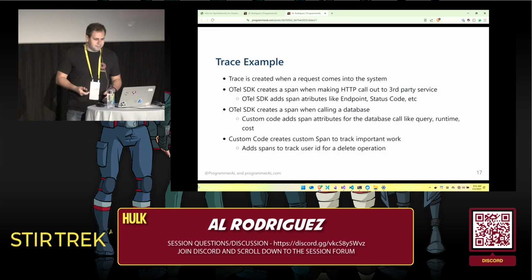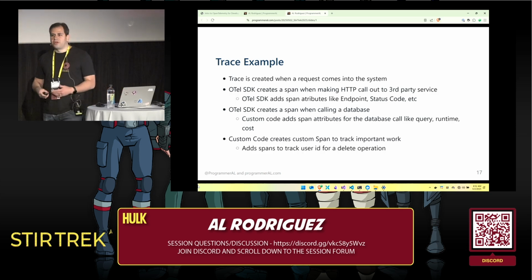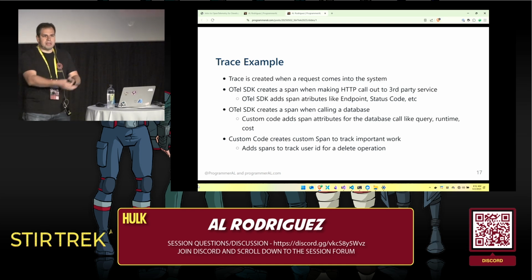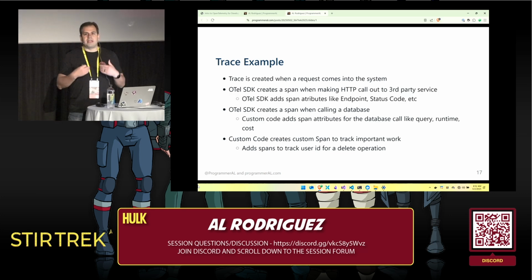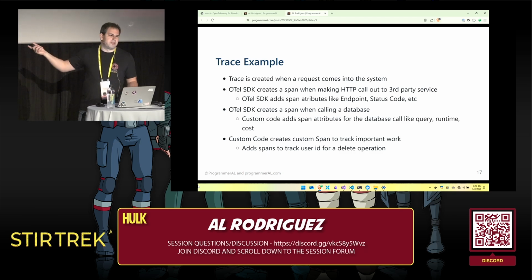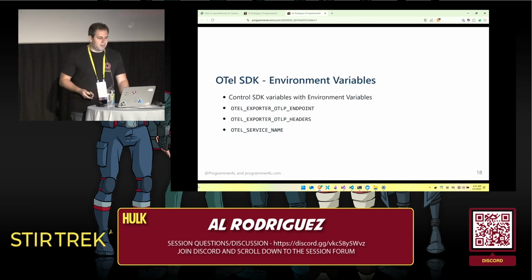Same concept. And separately, you can also add custom code if you want to make a custom span and say, hey, this is a special thing. I want to keep track of some extra information right here to help me diagnose or observe certain things later on. And so we'll be seeing some examples of pretty much all this stuff pretty soon.